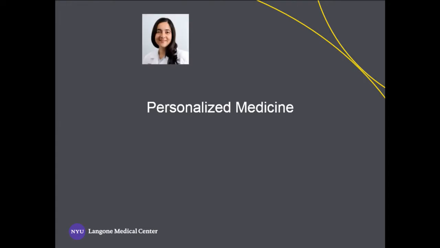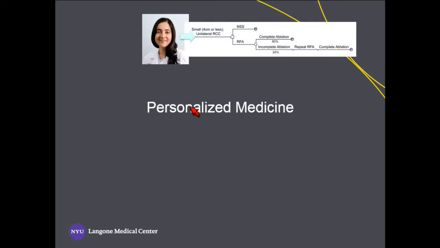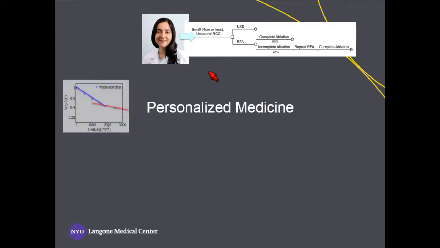And this is Pari Pandey. She's a friend of mine from residency, and was mentioned in the prior talk. This is a paper of hers from the early 2000s where they did this decision modeling. What should you do with small renal cell carcinomas, surgery or ablation? All right, so my path went a different way.